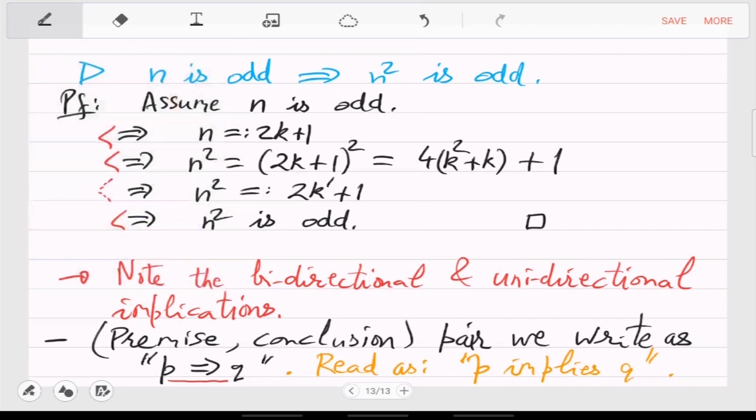So we'll use P implies Q to mean that a sequence of statements are there in the middle which follow from their previous statements, and taking this path you reach Q starting from P.